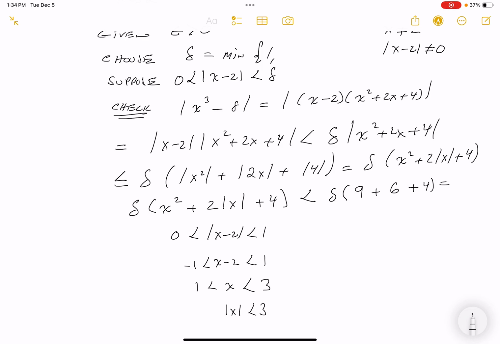That's going to equal 19. Okay, so let's talk about what to make that delta. The delta is going to be a number. We want to make that an epsilon, so epsilon over 19. If that were the case, this would be less than or equal to epsilon.